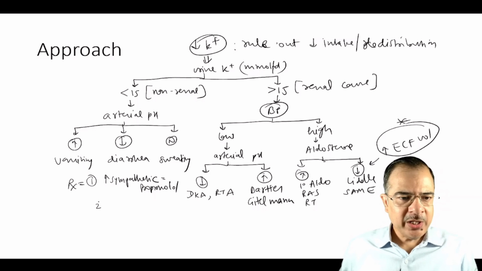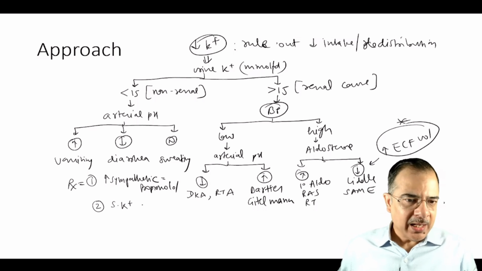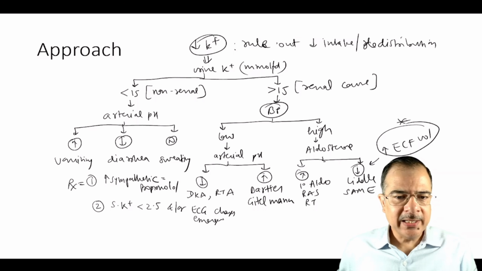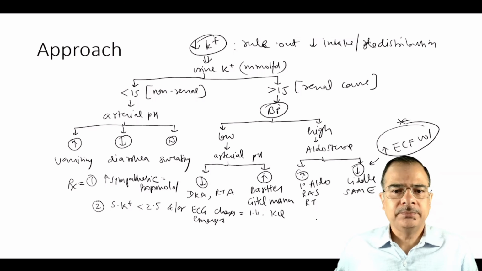While if the patient has number 2, depending on the potassium levels, if the potassium level is less than 2.5, which is a severe low potassium, and or ECG changes, or an emergency like paralytic ileus is present, in that case we will give IV KCl.